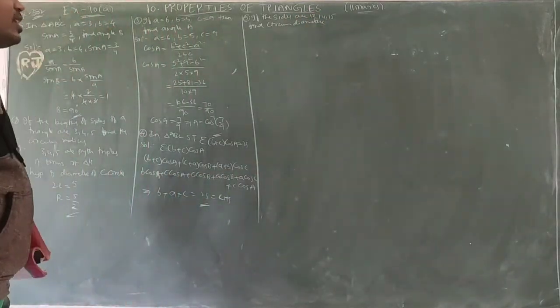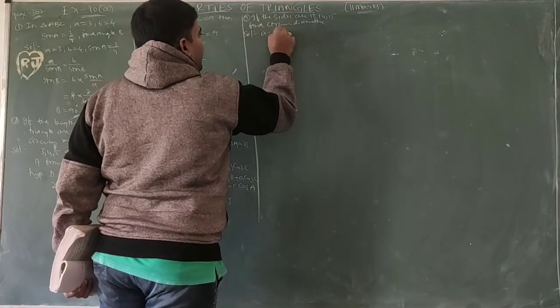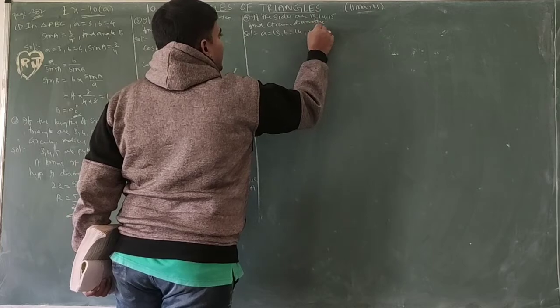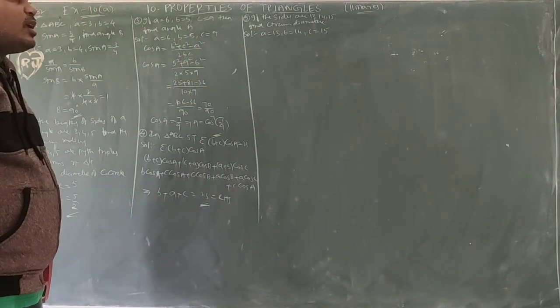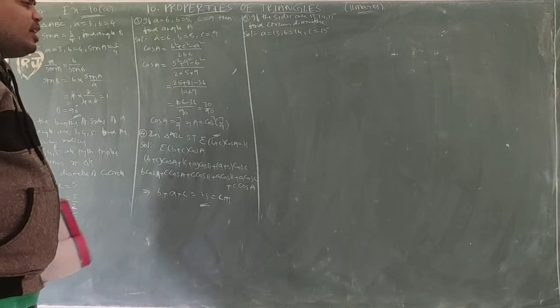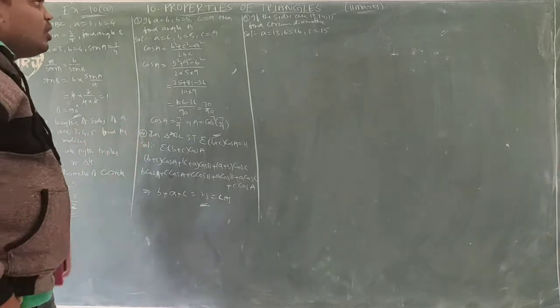So sides 13, 14, 15. Solution: a is 13, b is 14, c is 15. So circumdiameter means we need the diameter, that is 2r. We need to find out 2r.